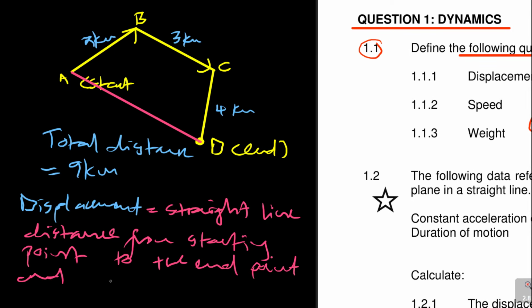It's very important also to have that. Or you can say it is a vector and has direction. Remember, distance is a scalar quantity, but this one is a vector. So it is a straight line distance from the start to the end.